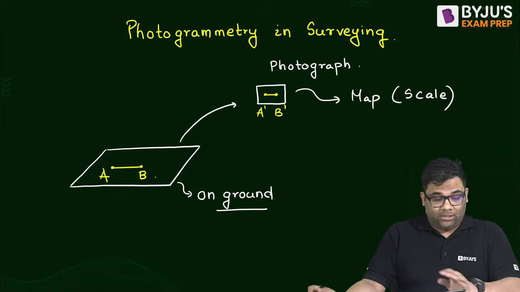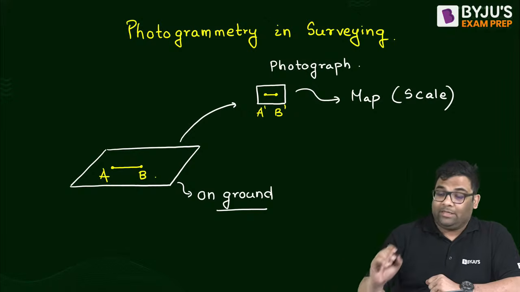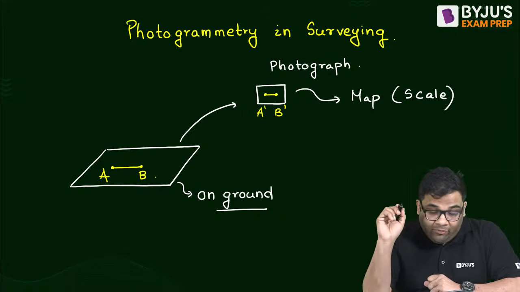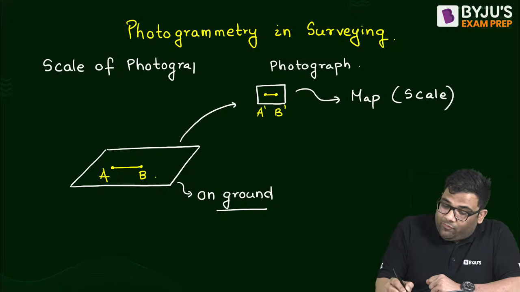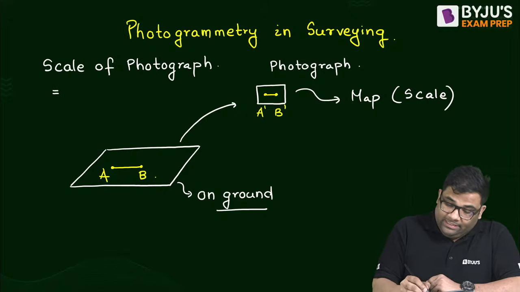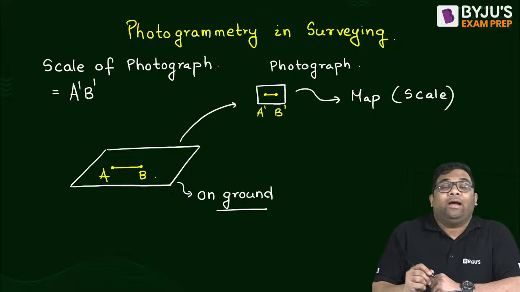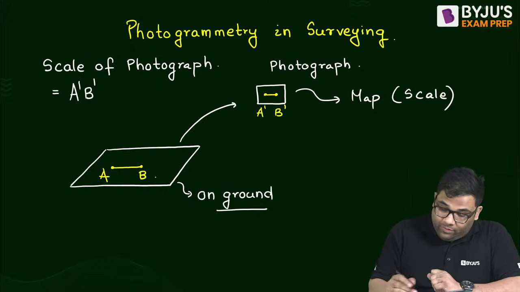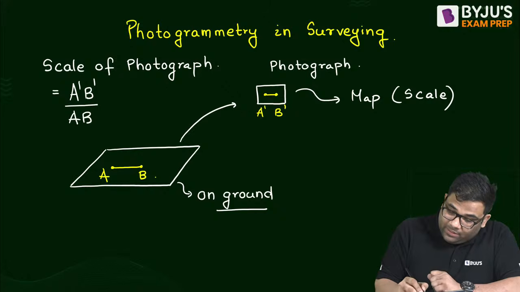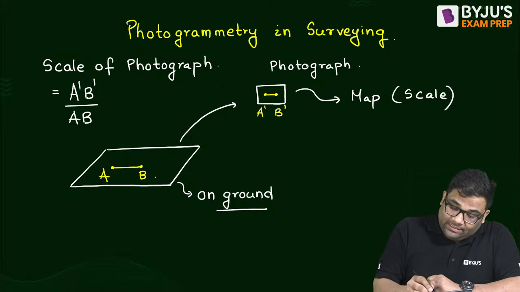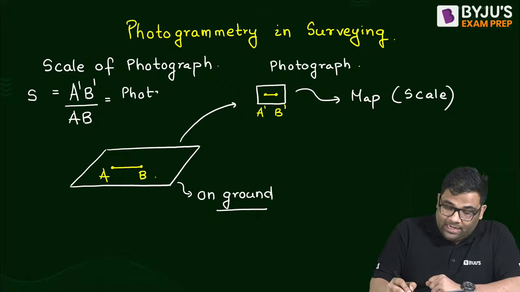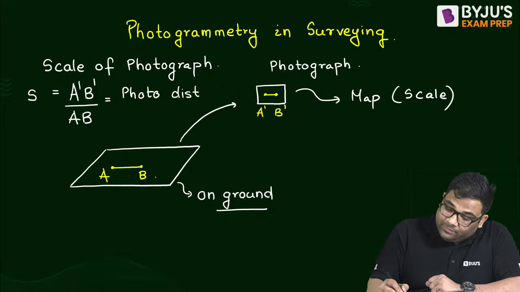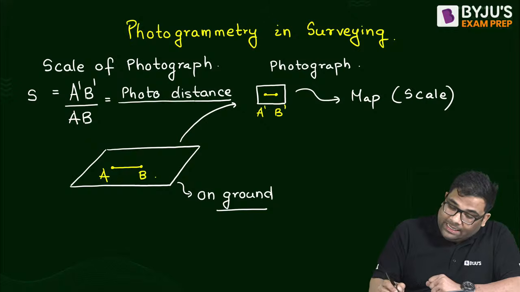So this brings us to a very important thing which is asked a lot in photogrammetry, that is the scale of photograph. If I say scale of photograph, that will be this A dash B dash, the distance between the points on the photograph, divided by AB. So suppose the scale is S. The scale is nothing but the photo distance divided by the ground distance.